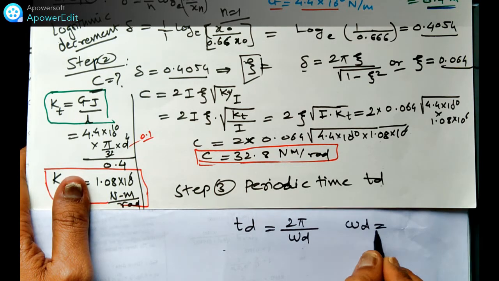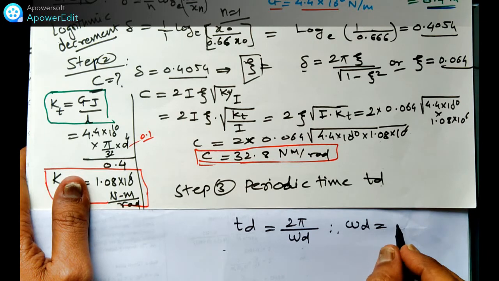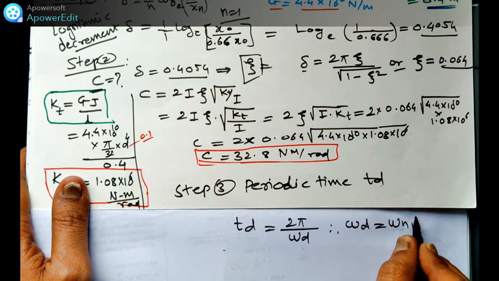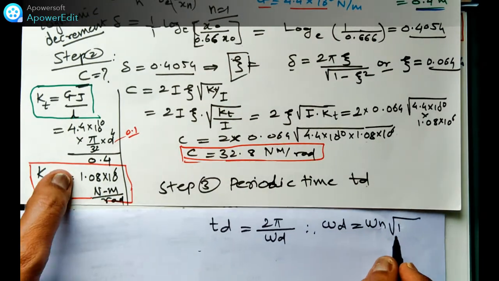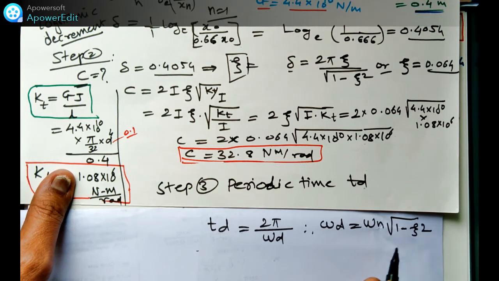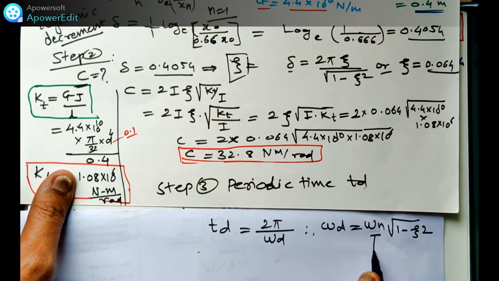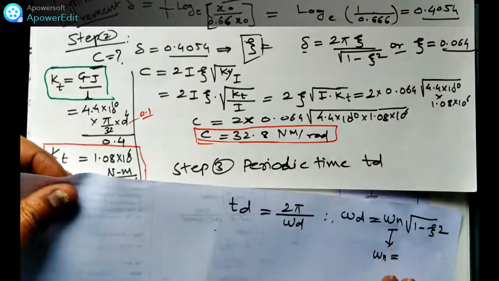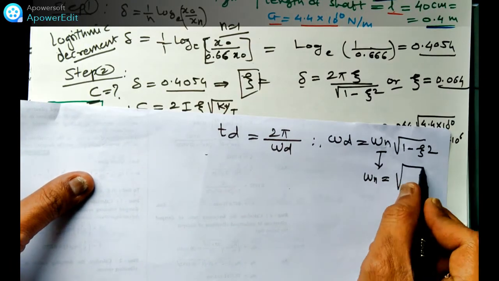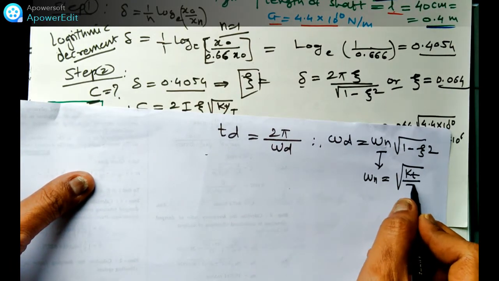Omega D is equal to omega n under root of 1 minus zeta square. But how to find out this omega n? We can find out omega n by using the formula square root of KT by I.